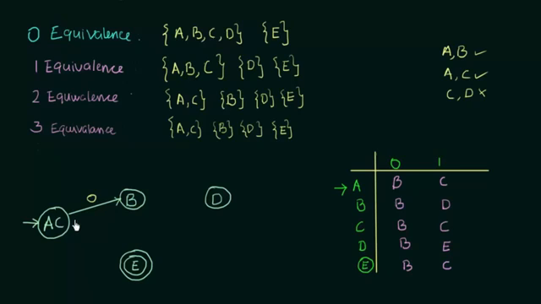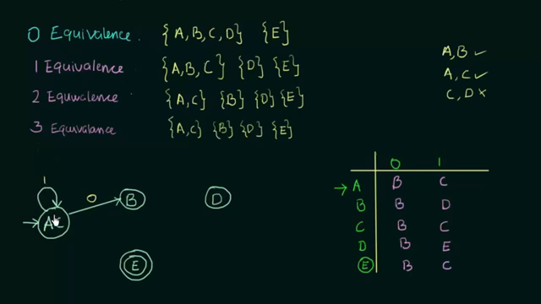Okay, and then coming to the next one, on getting input 1, where does it go? It goes to C, right? Here C also goes to C. So we see that it goes to C, but where is C? C is this one itself. So it goes to itself because C is here only, right? On getting input 1.